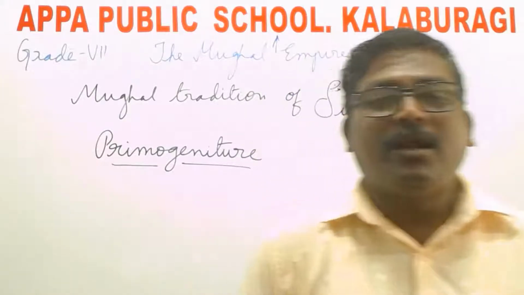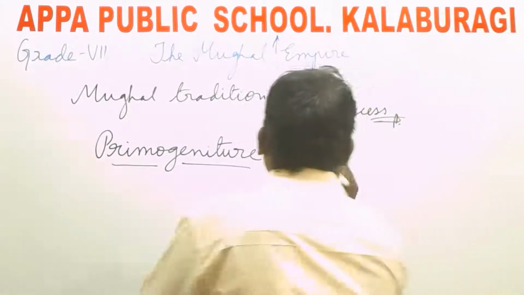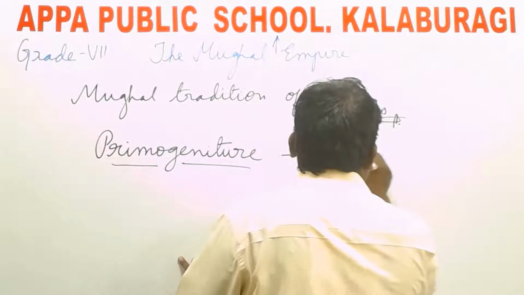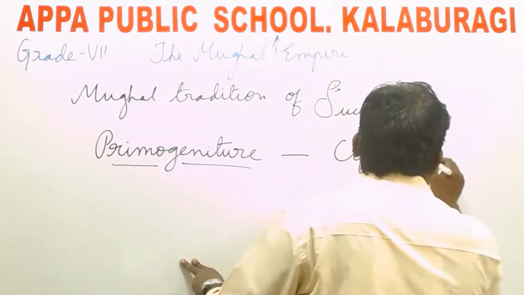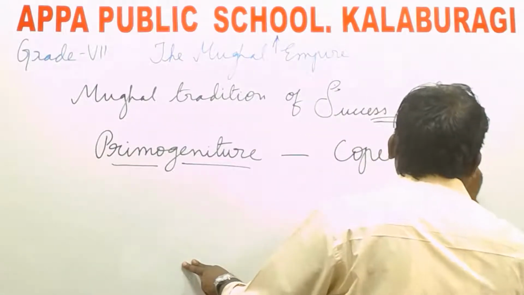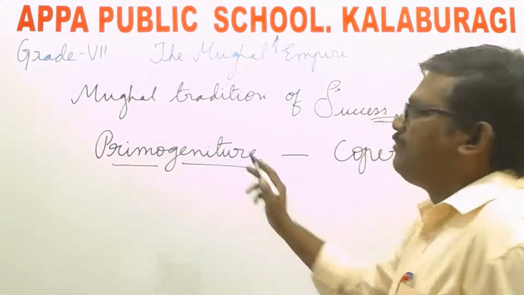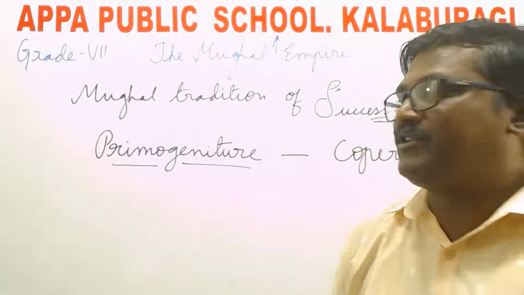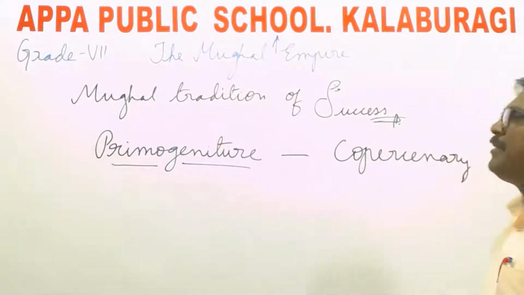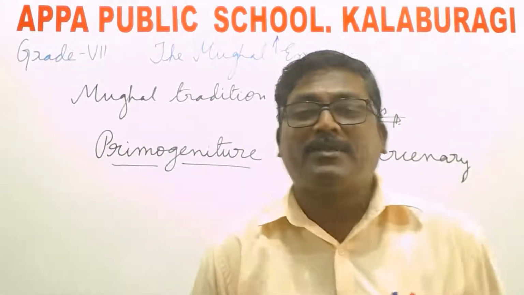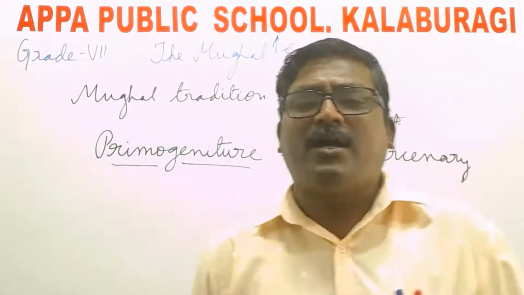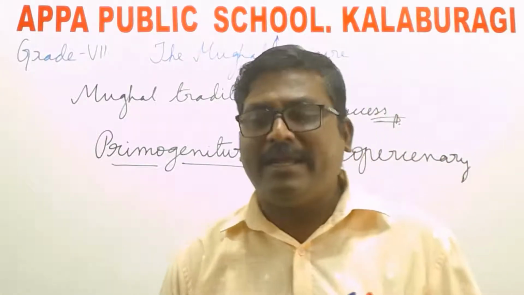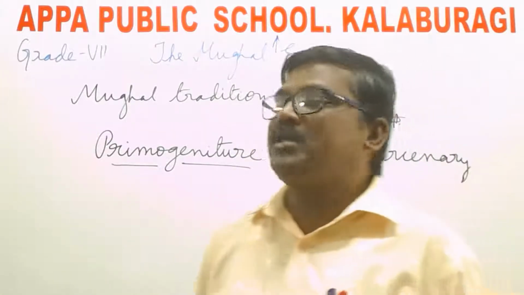Instead they believed in coparcenary. You might be asking a question: primogeniture is where the first child will be the successor of his father, so now what is this coparcenary? So now this coparcenary, my student, is nothing but a smaller unit of the family that jointly owns the property.